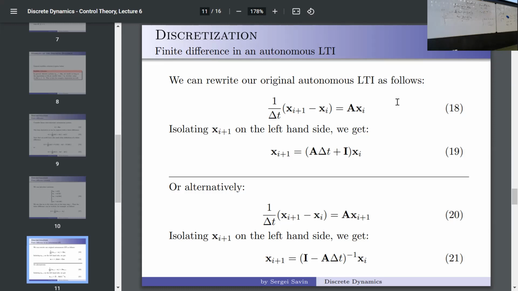Okay. Good. Now, expression 19 is how we get our discrete form. It's kind of interesting, right? Notice that you have the original matrix from the continuous form times delta t plus identity.